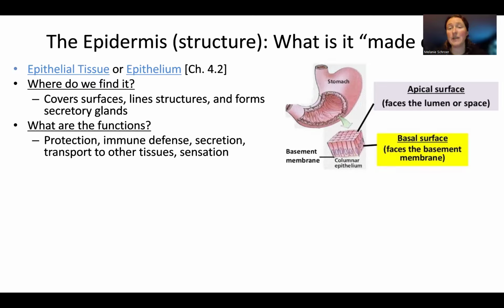One of the functions, epithelial tissues are great at a protective function. They form a great barrier. So these cells, as we're going to see, are sewn together by different cell junctions. So the cells are right up against each other. They are sewn together, and in order for something to get past this barrier, they have to go through the cells.